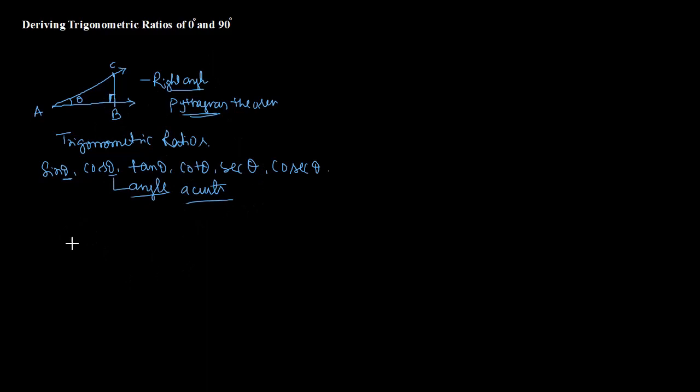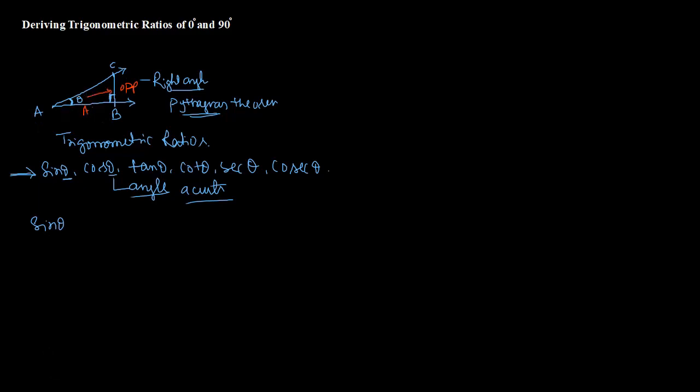Before that, we'll try to understand how to write these trigonometric ratios depending on the sides of a triangle. Before sine theta, let's understand something else. If this is theta, the angle I am going to take, anything opposite to it is the opposite side.